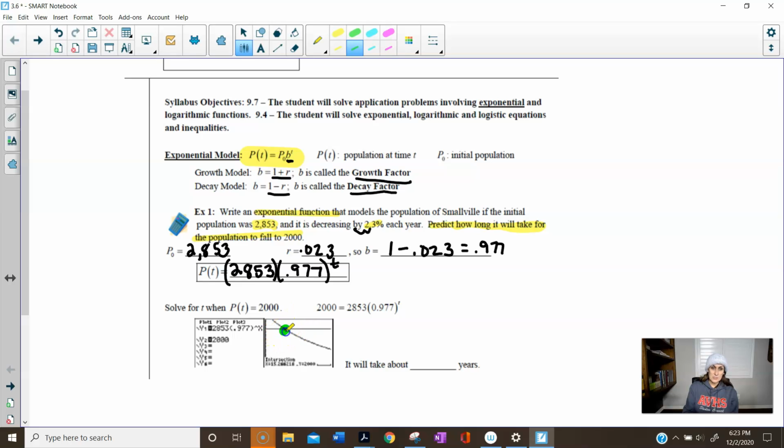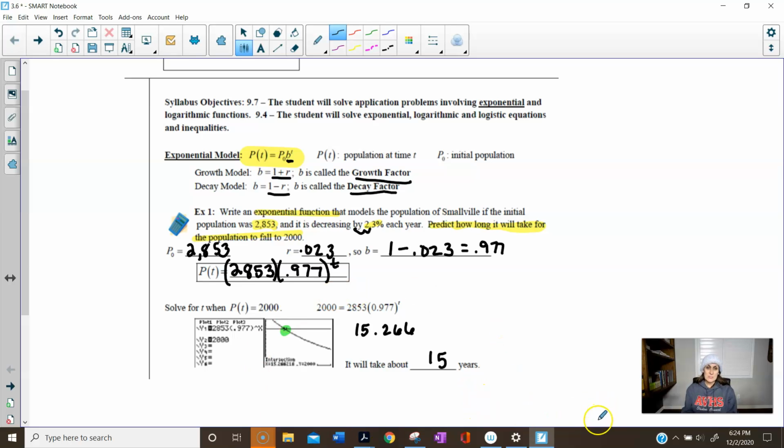So where those two intersect, you would look at the x value. So the intersection is going to be at 15.266, which is about 15 years. All right, so that's how you would do it with the calculator.